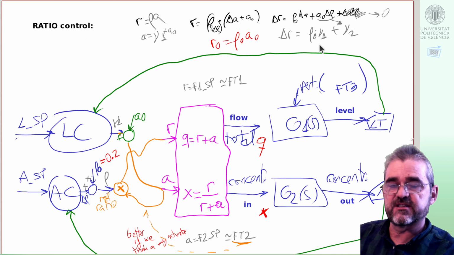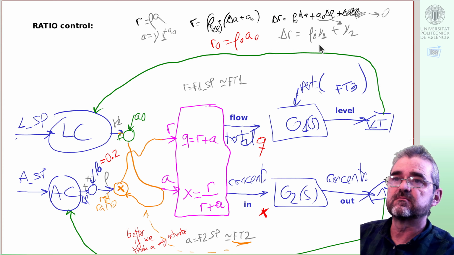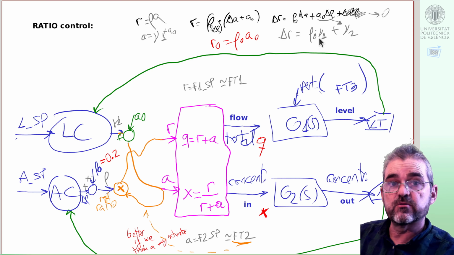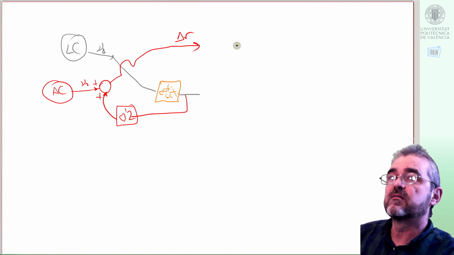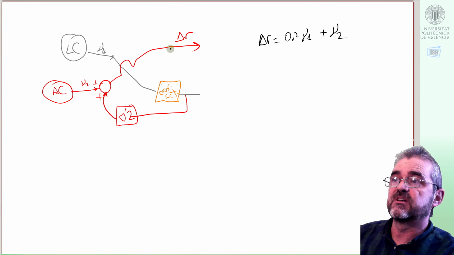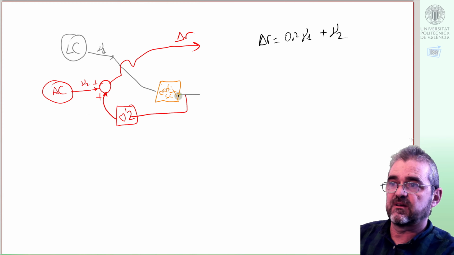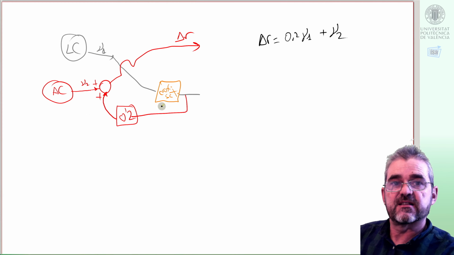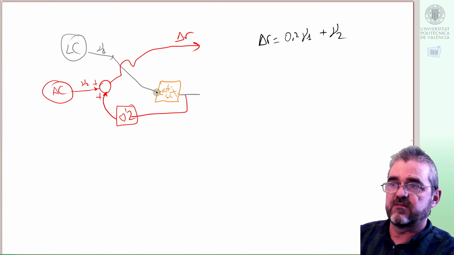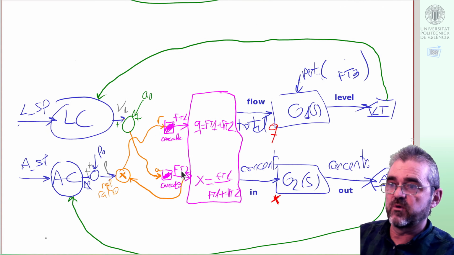And then what does this mean? Well, if we think only in this incremental block diagram, rho 0 is 0.2, then this expression is something like this. I have drawn here the cascade saturation stuff, but okay, for the moment being you can just forget about it. But anyway, we see that indeed this is the implementation we were discussing here.